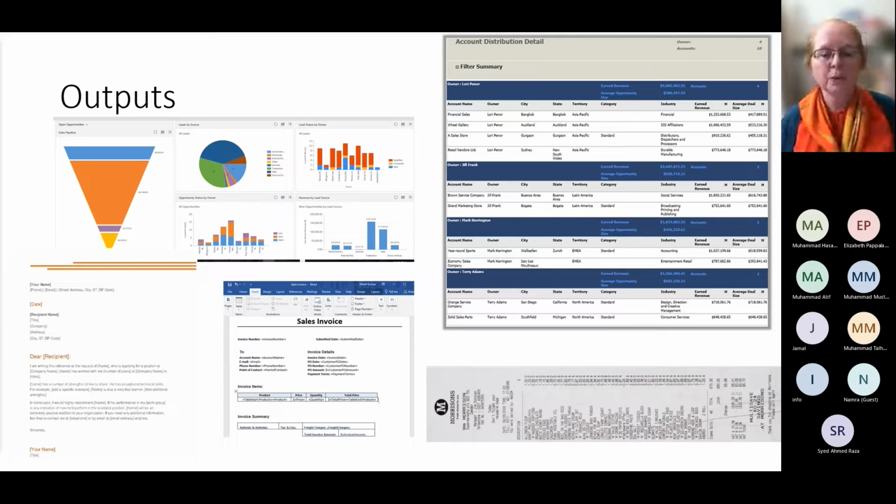Some of those outputs may well be given to a client or somebody outside the organization. Many of them are, but not all of them. Some of them are purely internal functions and features.